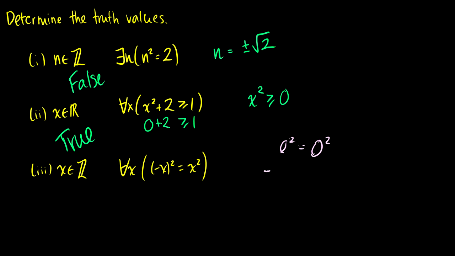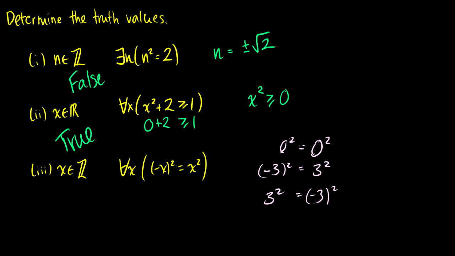If we take a positive number, say 3, then negative 3 squared is going to be 9, and that's going to equal 3 squared, which is 9. Okay, let's take a negative number. So negative 3. Okay, so that's going to be positive 3. So 3 squared is going to equal negative 3 squared. And that is also true.